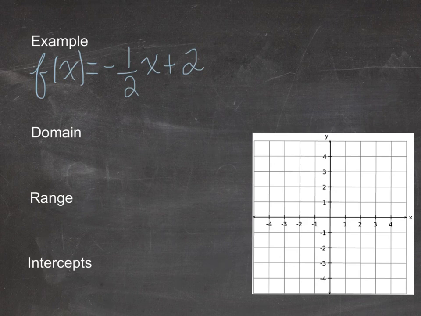f of x is negative a half x plus 2. Again, I can do a table of values if I want, or I can just graph it. It's in slope-intercept form. So I have my y-intercept of 2, and my slope is negative a half.